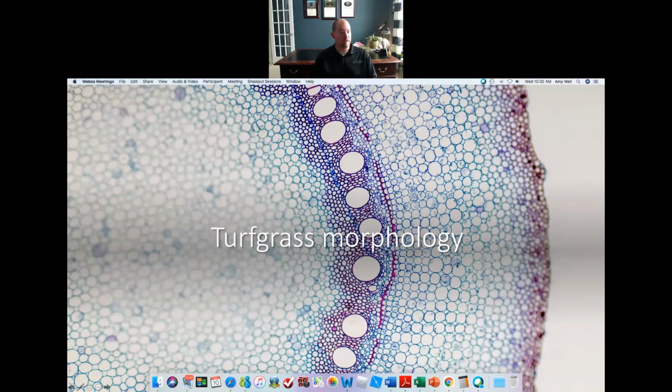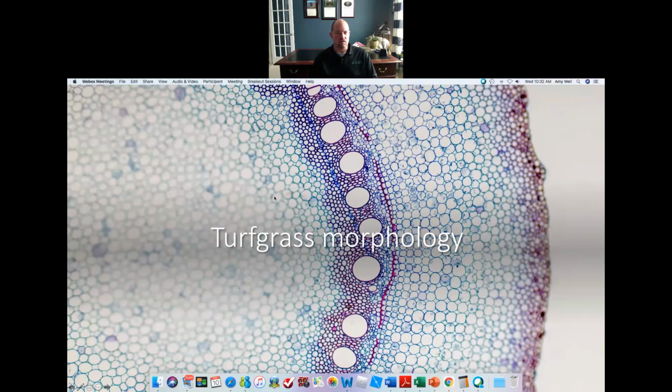So phenotype would be the visual expression of the genetics in an organism. So it's how we see, how we visualize, how we interpret the genetics of an organism. And so when we get into morphology, we're actually looking at and studying these phenotypical traits. Okay, so the physical features of a living thing would be the morphology.